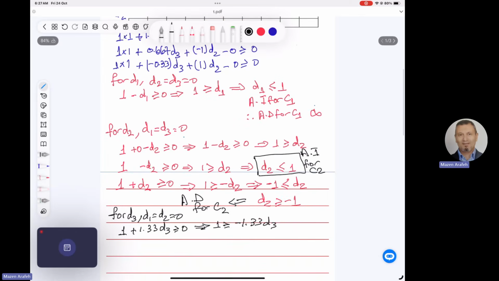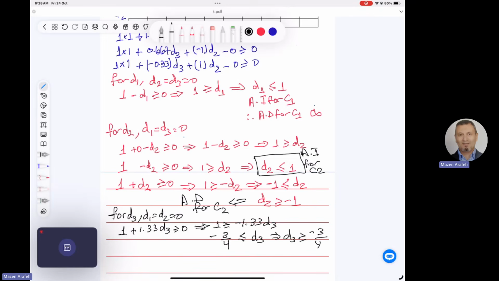Now, if I want to solve it, we'll multiply by a negative value, 3 divided by 4. And then we flip the sign. So therefore, D3 should be greater than or equal to negative 3 over 4. This would be my allowable decrease.